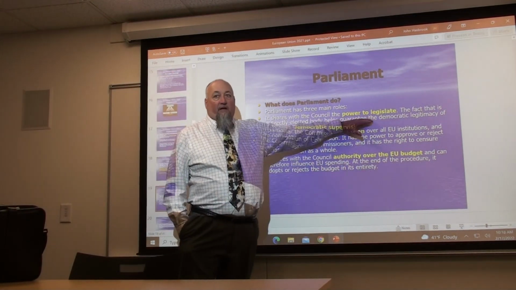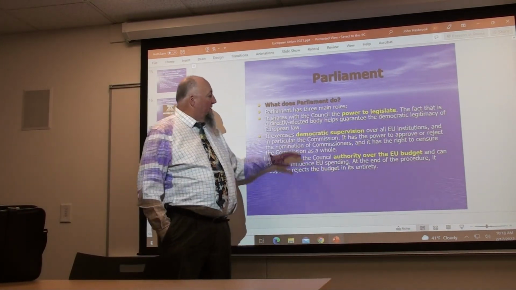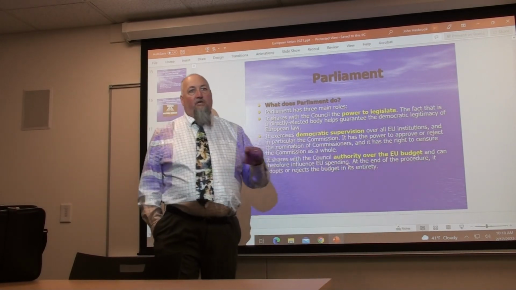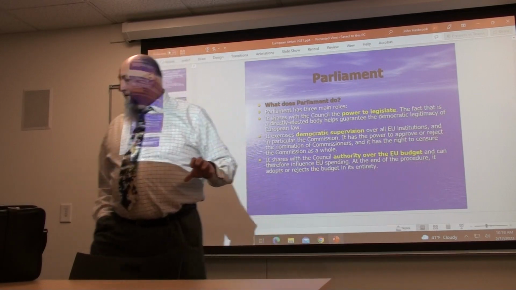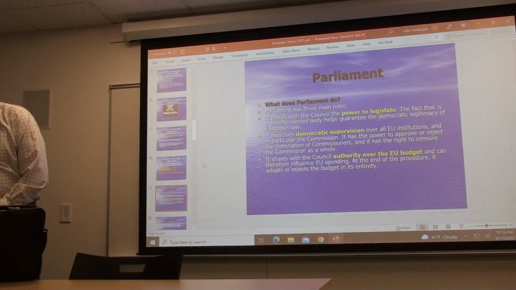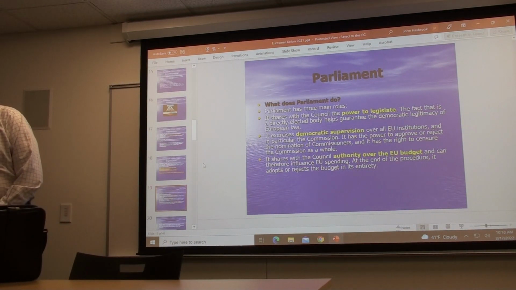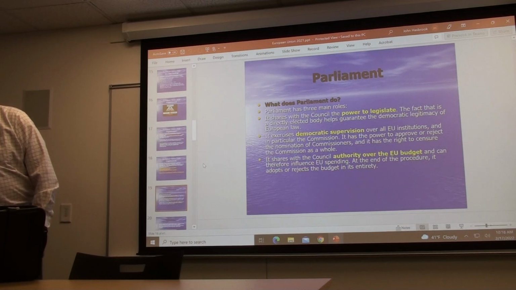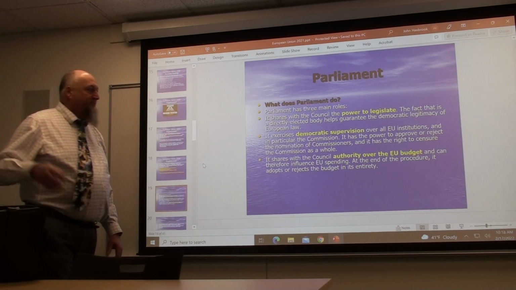So the power to legislate, again, fundamentally different. Supervision over all institutions. So unlike the United Nations General Assembly, it's on page 196.